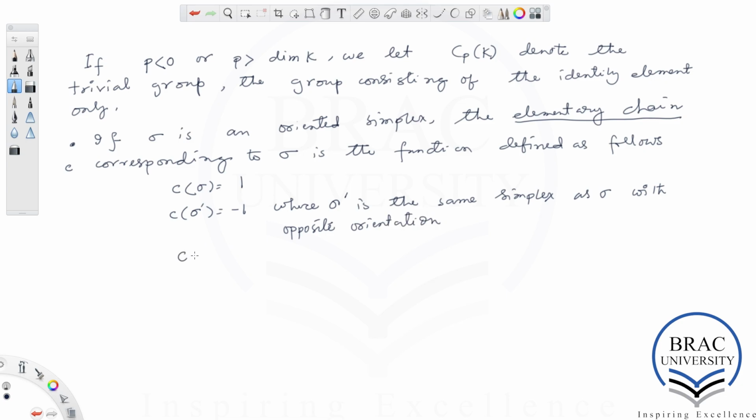C of tau is equal to 0 for all other oriented simplices tau.